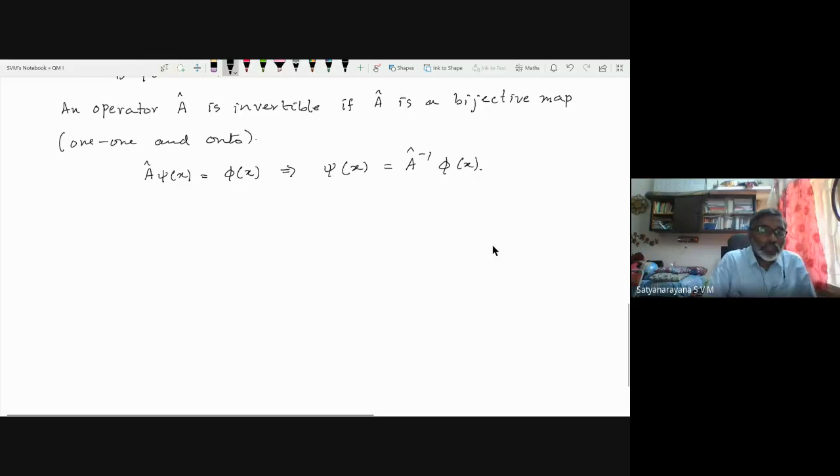Now we will define a little more important thing that is very relevant to our subject of interest, quantum systems, namely a linear operator.